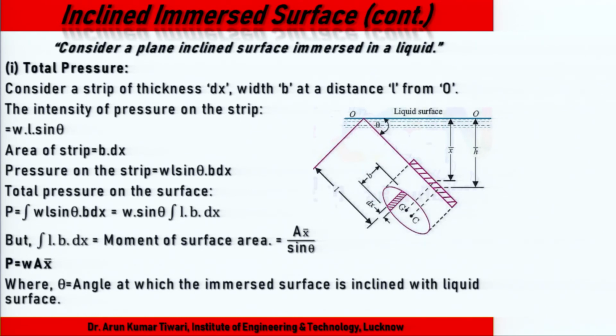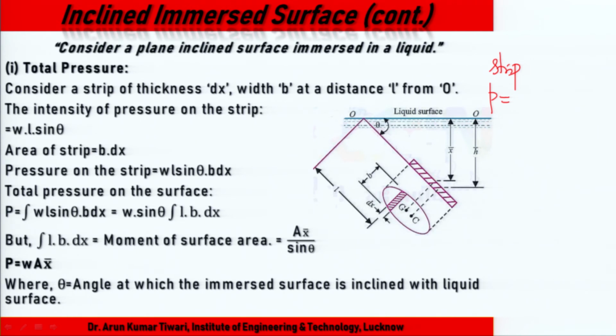For the intensity of pressure, we take a strip, and the method is the same. So, the intensity of pressure, small p, what is this?